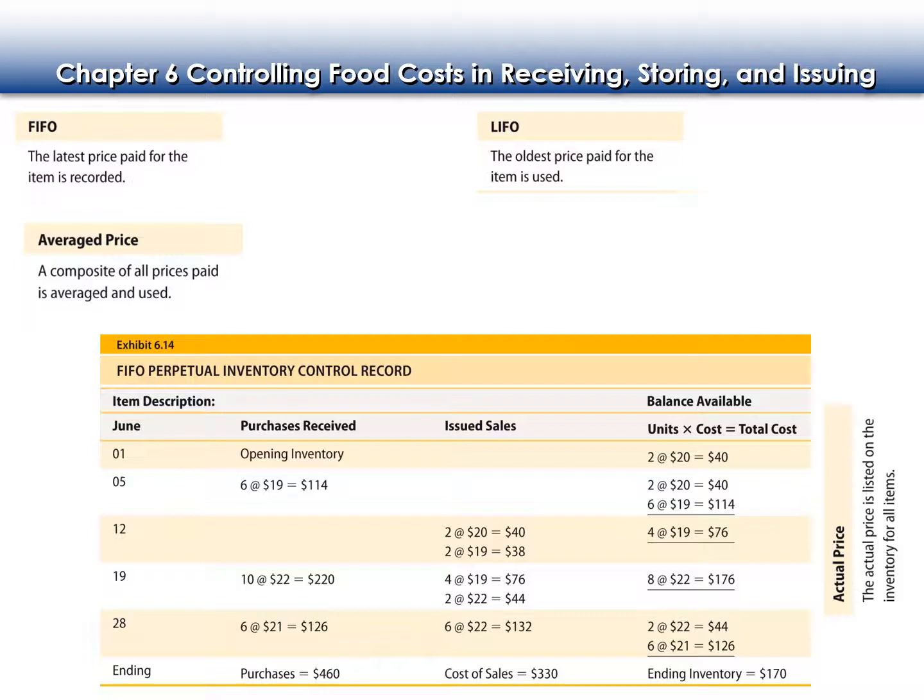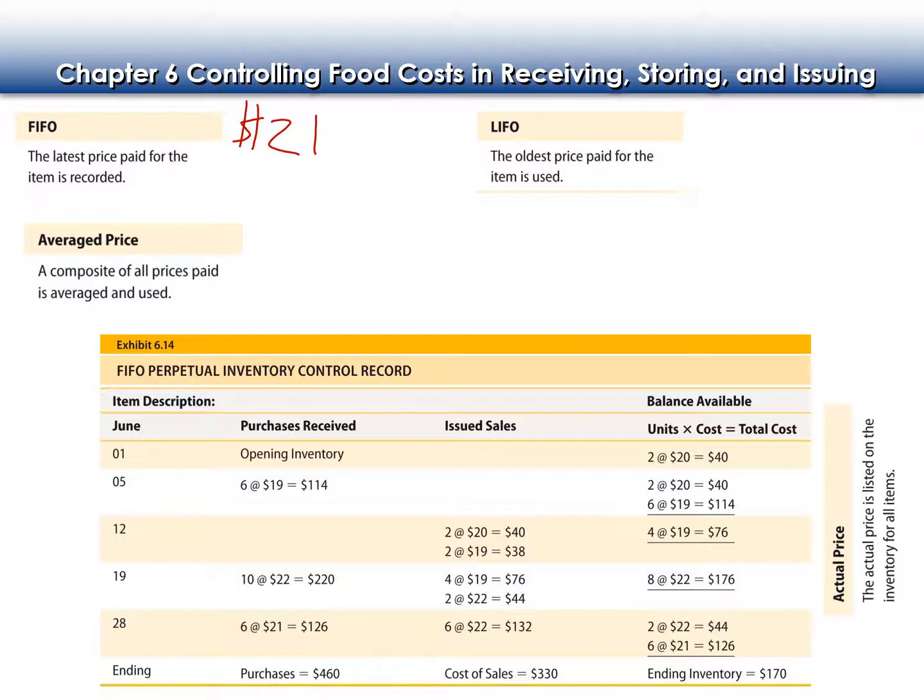What price are we using? The latest price. So what's the latest date? The 28th, and we received them at $21. So FIFO says that everything in our storage right now is $21.